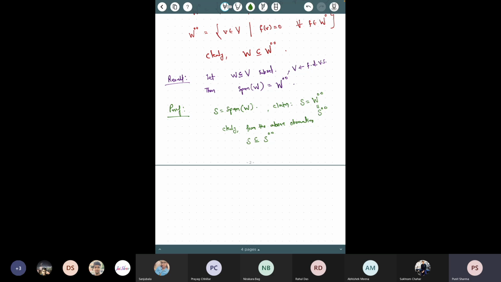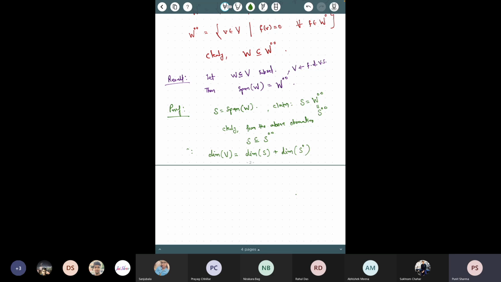That implies they are the same. Now why are the dimensions the same? We know that the dimension of V can always be written as the dimension of S plus the dimension of S annihilator. We have proved this result.